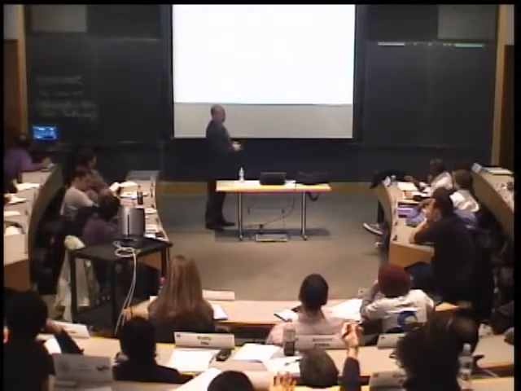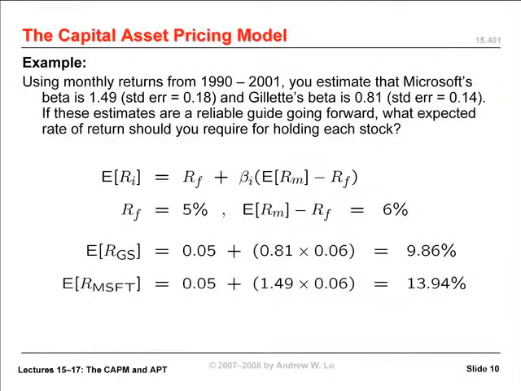Okay, so let's do some examples just to make sure that we all get this and know how to apply it. Using returns from 1990 to 2001, we estimate that Microsoft's beta during that period of time is 1.49. And if you do the same thing for Gillette, you get that Gillette's beta is 0.81.